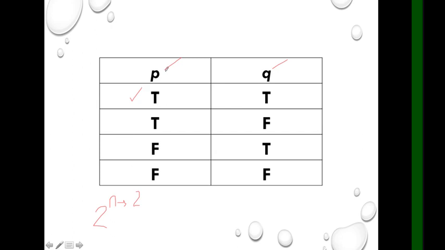For the proposition P, we just divide the answer 4 by 2. So 4 divided by 2 is 2. So we have 2 true and 2 false. For the Q, our answer in the previous one is 2, right? So divide it again by 2. So we have 1 true, 1 false, 1 true, and 1 false. Okay, so that's my technique in doing this table.